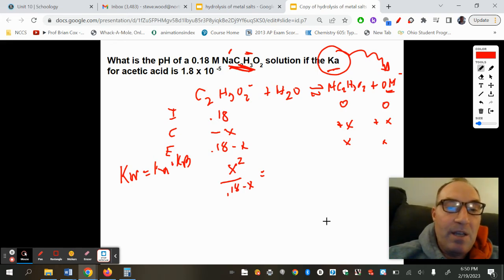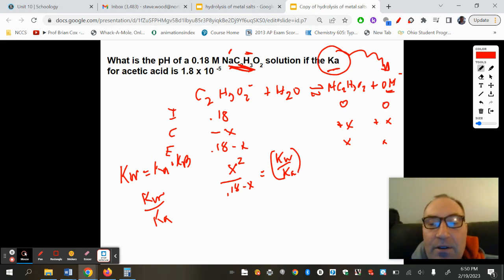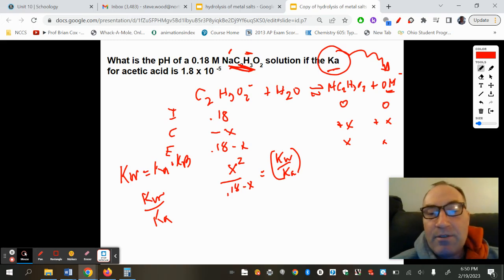So if I'm looking for Kb, does everybody see it's just Kw divided by Ka? So we can put right here Kw divided by Ka, which is Kb. Now if I just solve for this expression, I will get my answer.